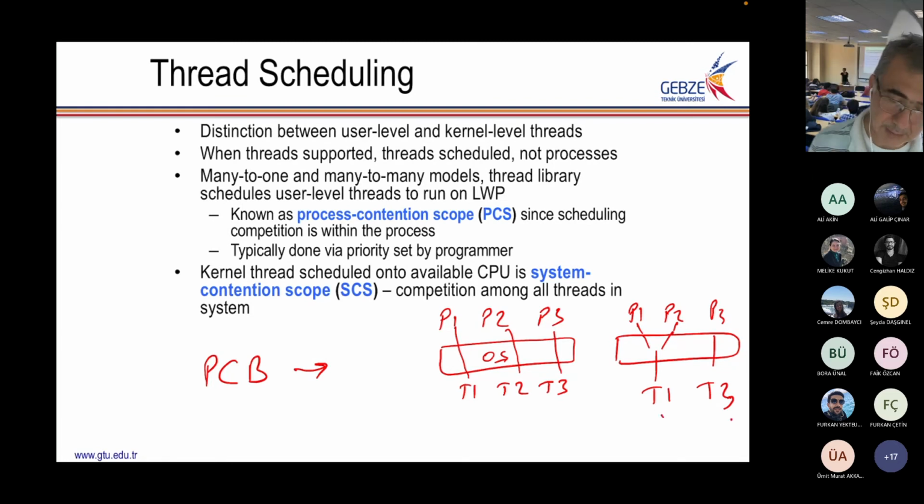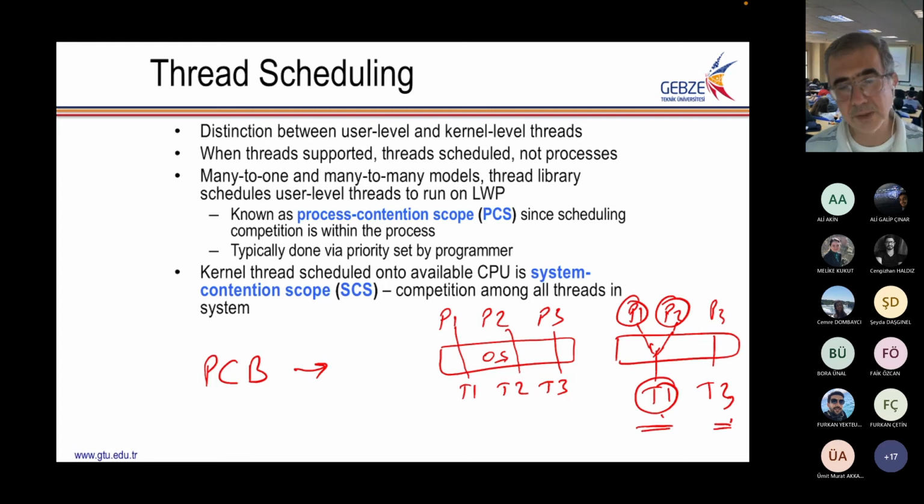So this system thread is responsible for executing two different user process threads. These are implemented in the Solaris operating system. So system level threads and user level threads are somewhat different in Unix-like operating systems.